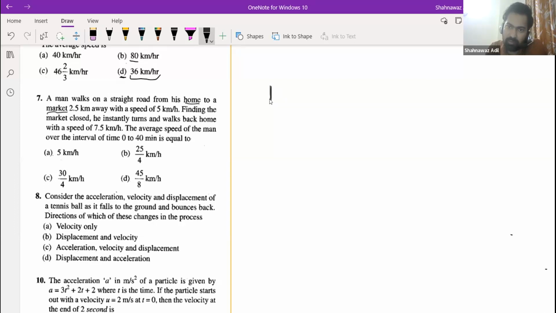We have this home and then this market. So in this question, one is the onward journey, and the other is the return journey, right?